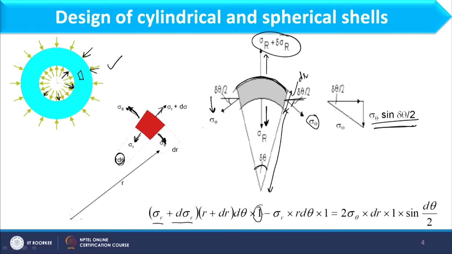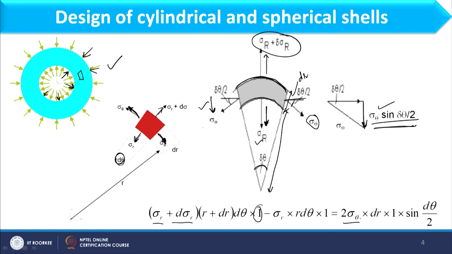Okay. And that would be balanced by the force due to this and the force due to this as well as due to this. Okay. So, that will be minus sigma r, and its acting area would be r, this r into d theta into 1, and that would be equal to this particular component of sigma theta, and that would be 2, because it is acting on both sides.